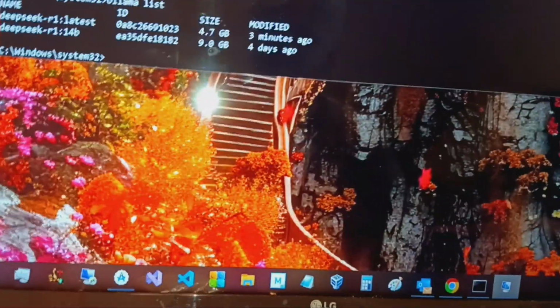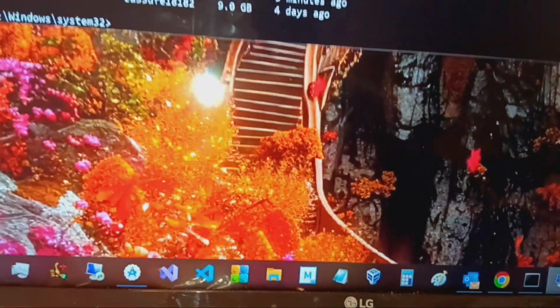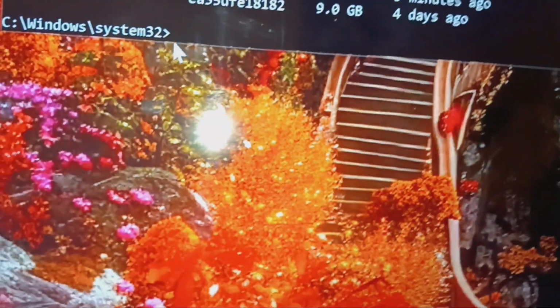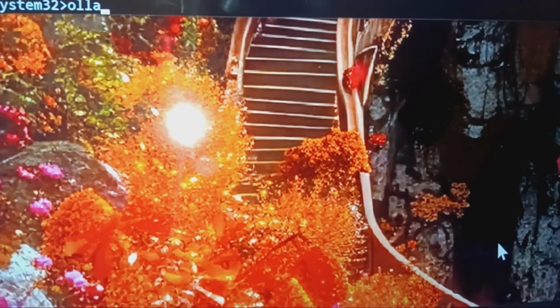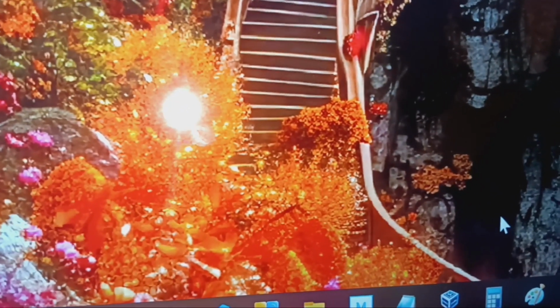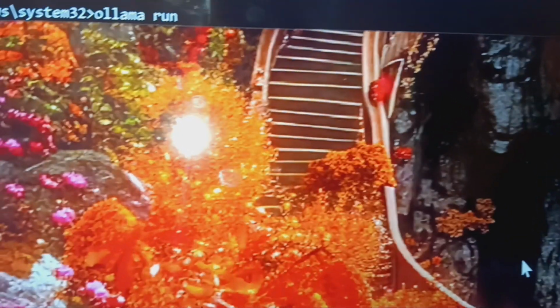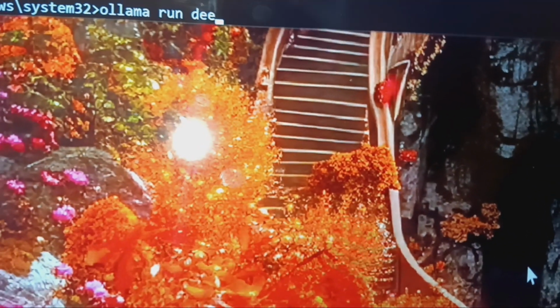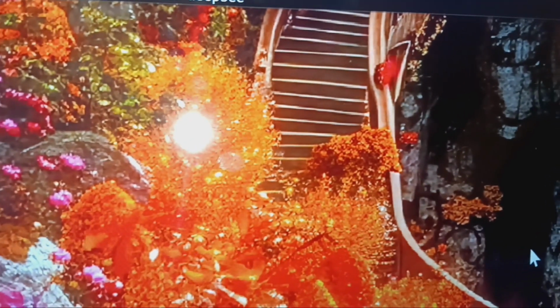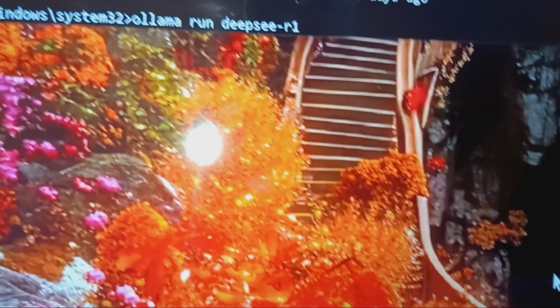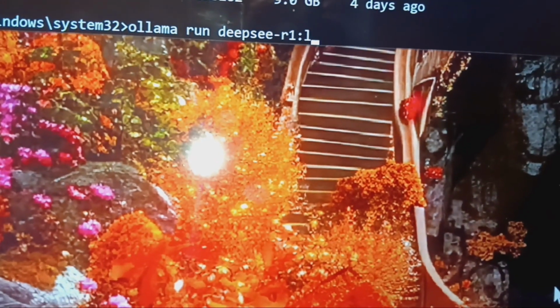So if I go here and type in, get my cursor, ollama run deepseek r1 latest.